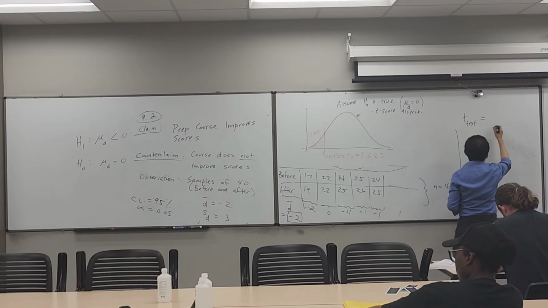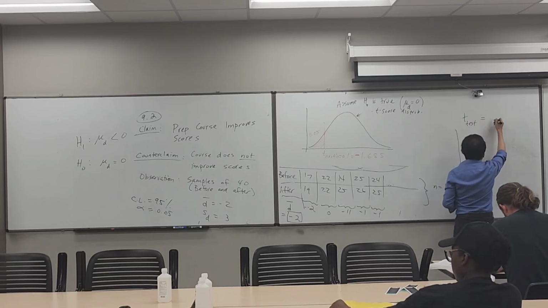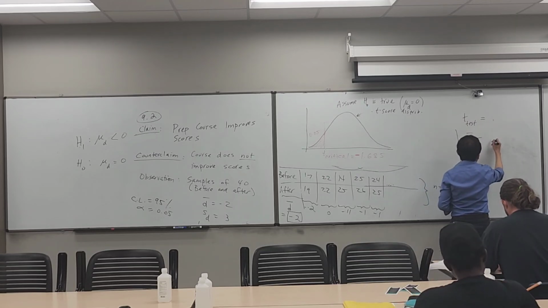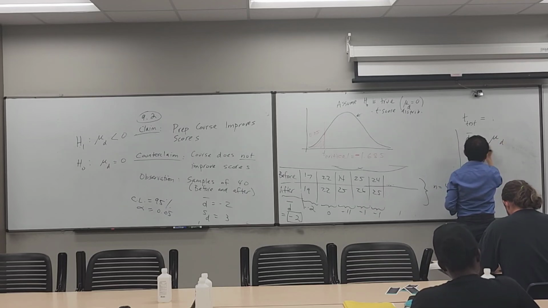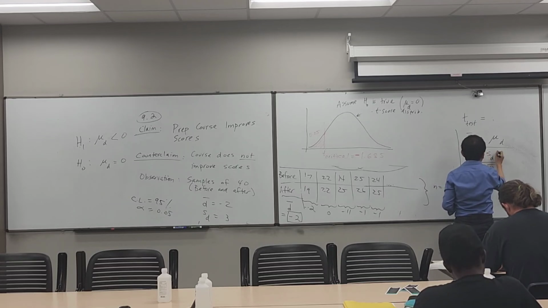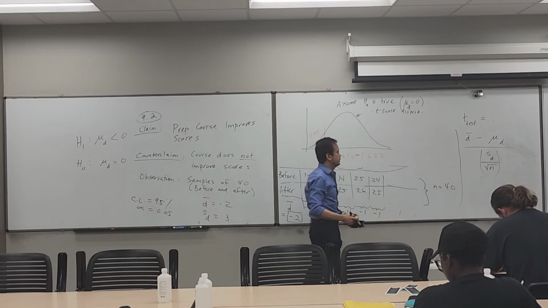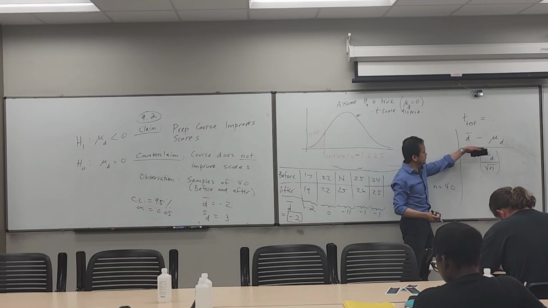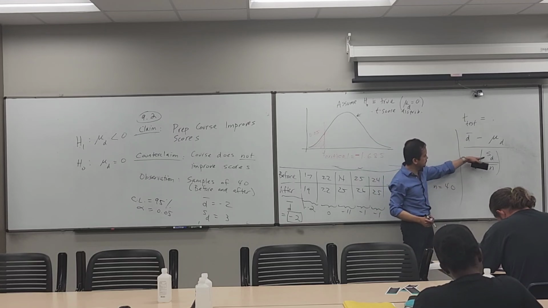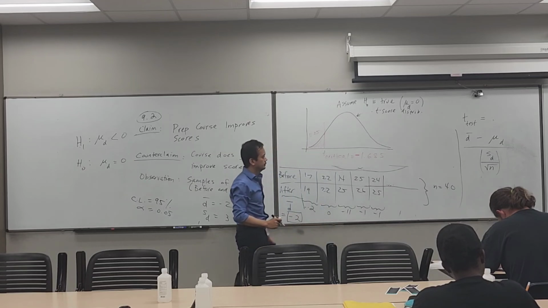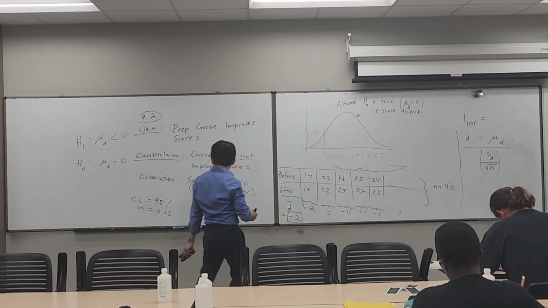So that'll be this formula: d bar minus the population mean of the d's, divided by the standard deviation of the differences divided by the square root of n. Let's go ahead and fill in the numbers.